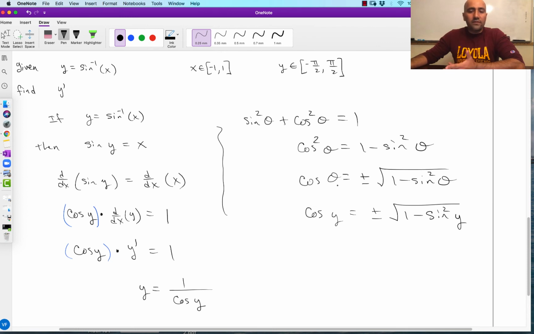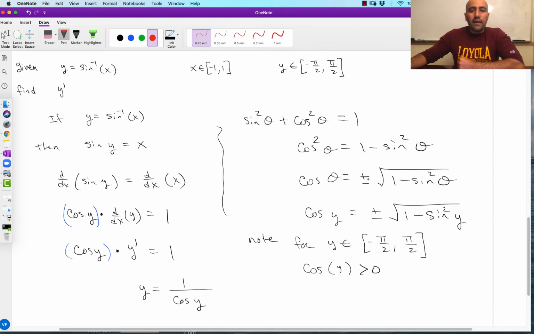But also note that for y in the range negative pi over 2 to positive pi over 2, cosine of y is always positive.